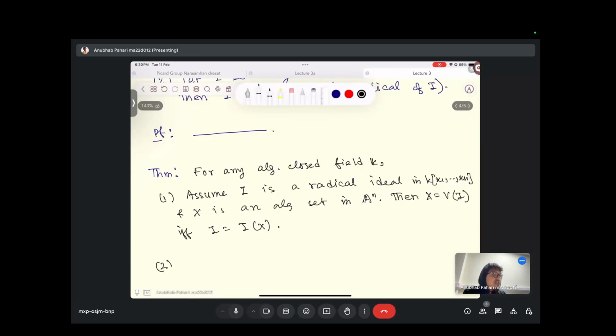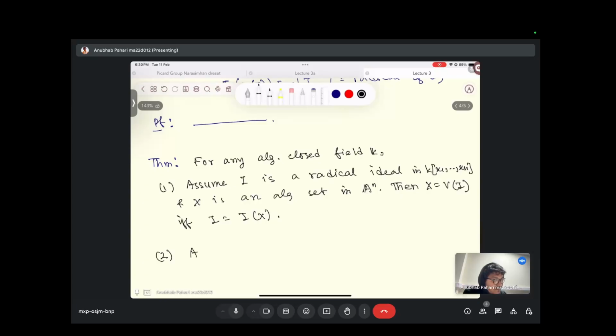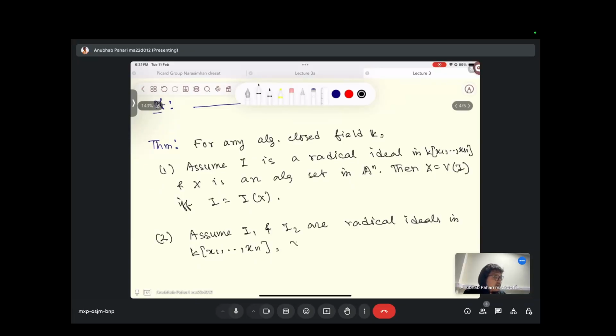And for the second, assume I1 and I2 are radical ideals in K[x1 up to xn], X1 equals V(I1) and X2 equals V(I2).